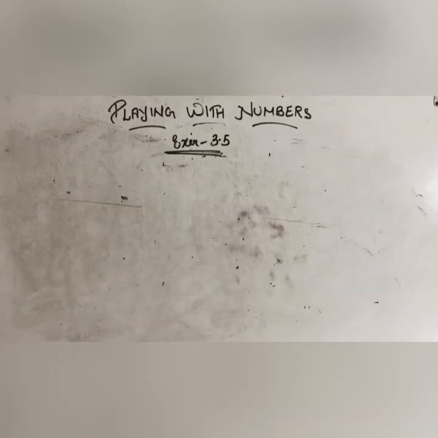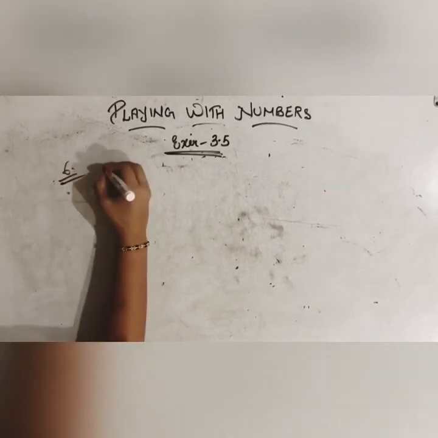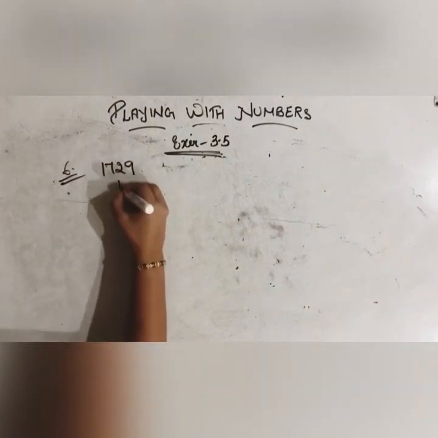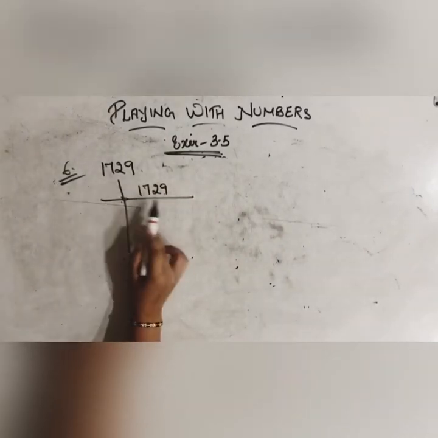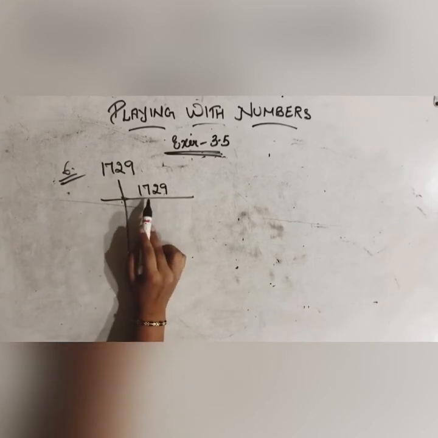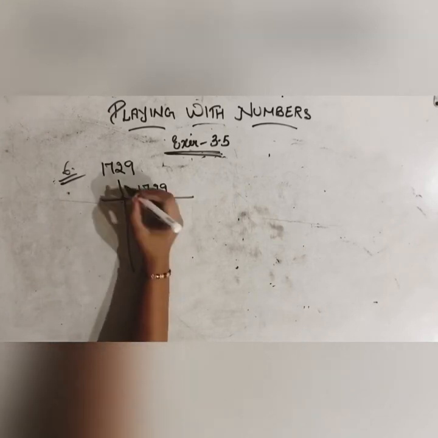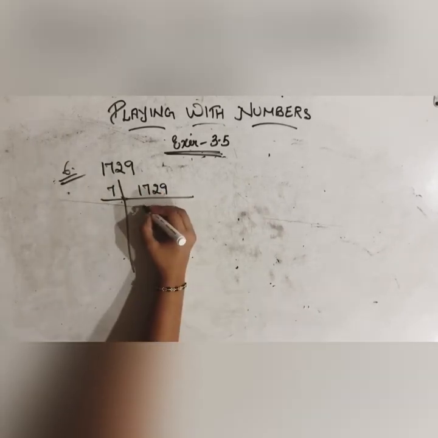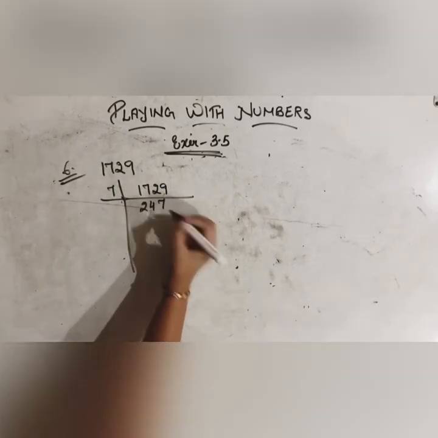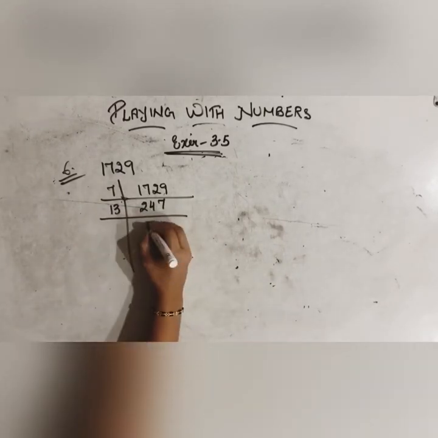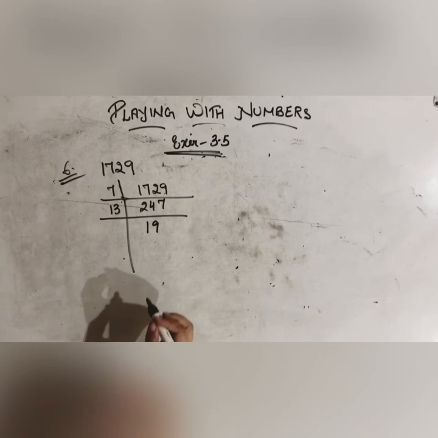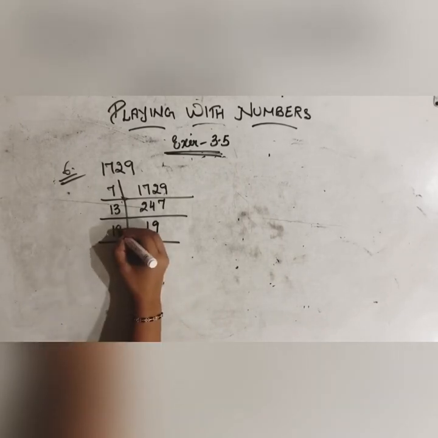Next question is, find the prime factorization of 1729. It is not divisible by 2. It is not divisible by 3, 5. So next one is 7. And you will get 247. Now 247 is divisible by 13, 19s are 247. So next factor will be 19.